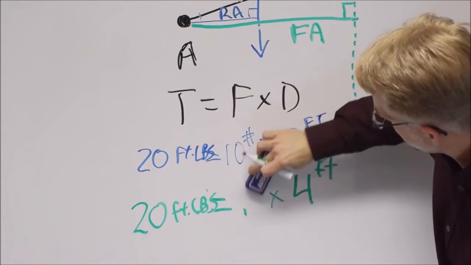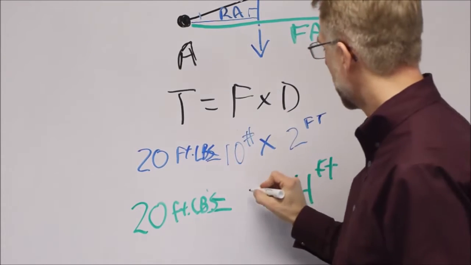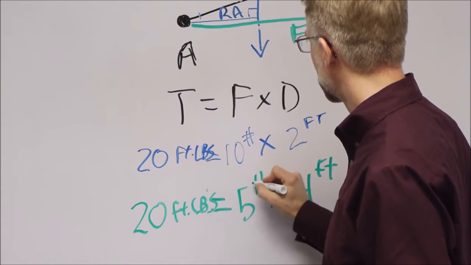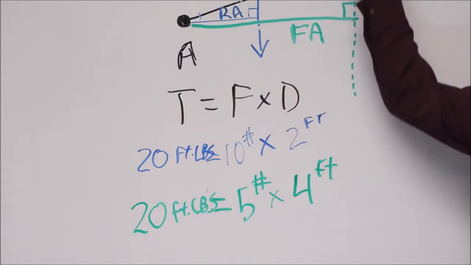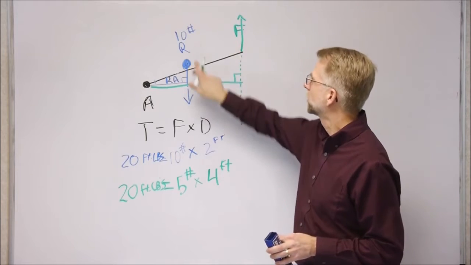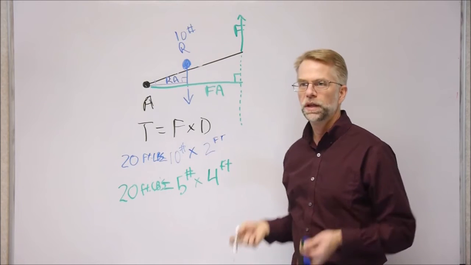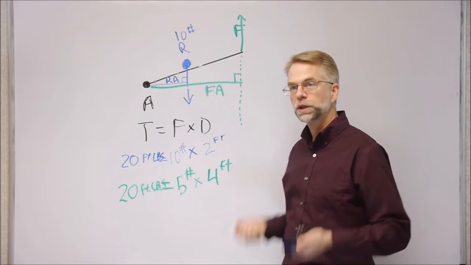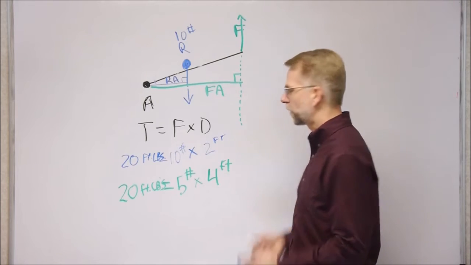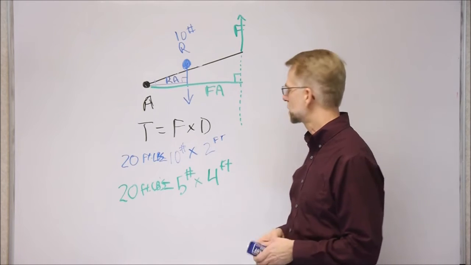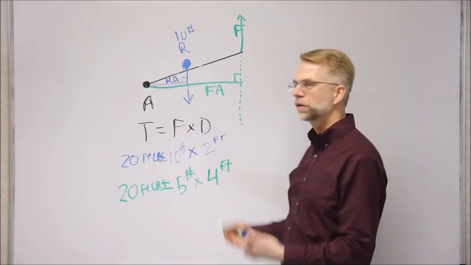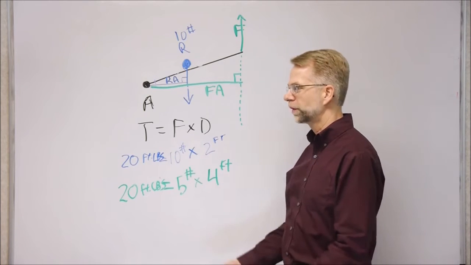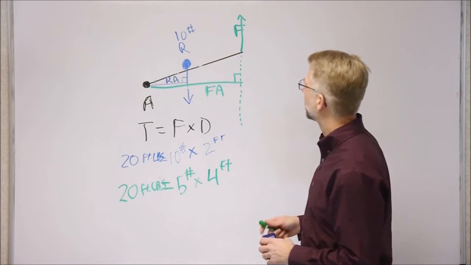Well, that math is fairly straightforward, and basically what I need is 5 pounds of upward force on the handles to lift my 10-pound load in the middle of the wheelbarrow. Anything more than 5 pounds will actually lift it off the ground. 5 pounds will just hold it in its steady state. Anything less than 5 pounds, then I have pressure from the feet of the wheelbarrow on the ground.